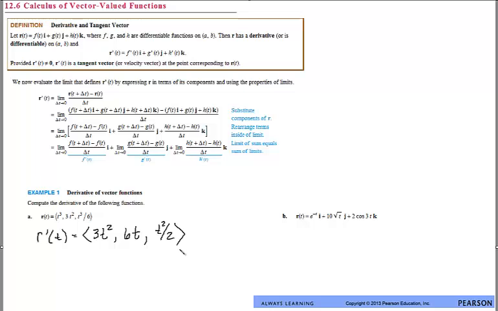And all of this is differentiable on all t due to the fact of the functions themselves.